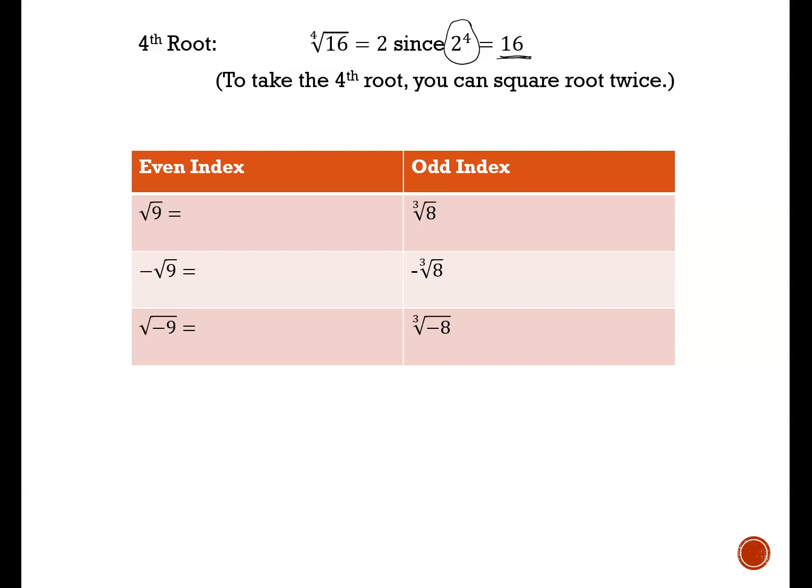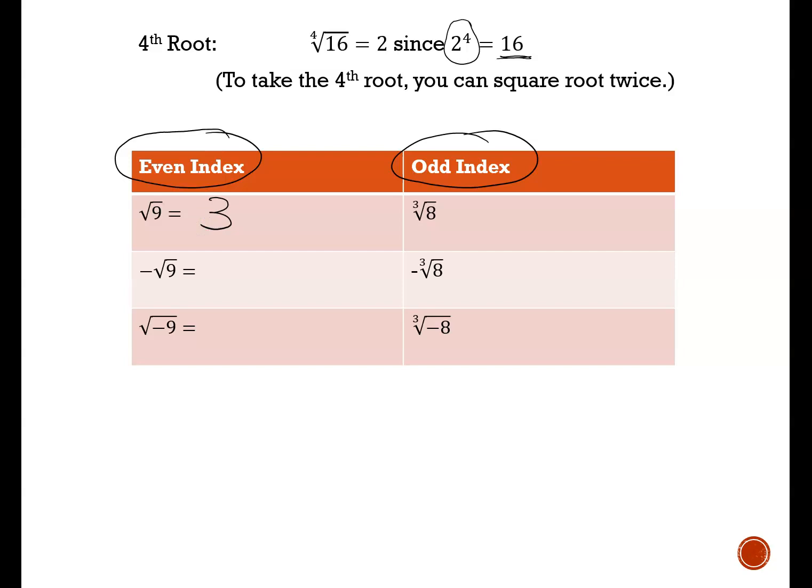Next, let's think a little bit about the difference between a square root and a cube root, which would really end up being the difference between an even index and an odd index. Now these are simple, we've already gone over them, but I just want to compare. So the square root of 9 we know is 3.